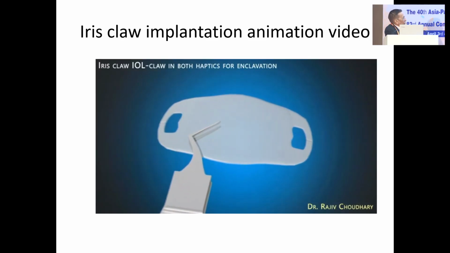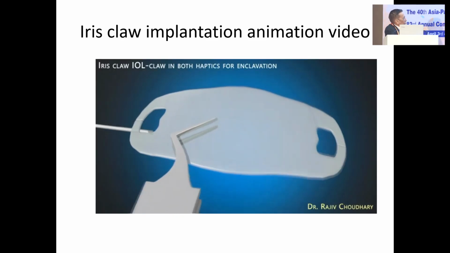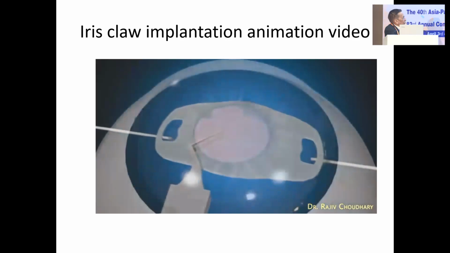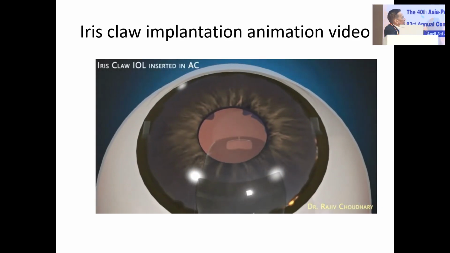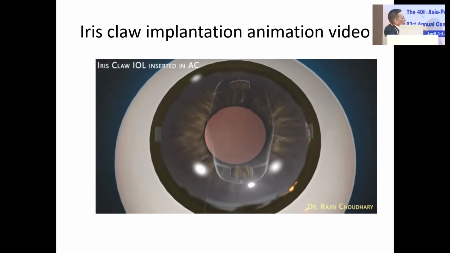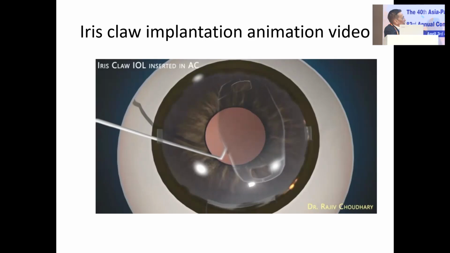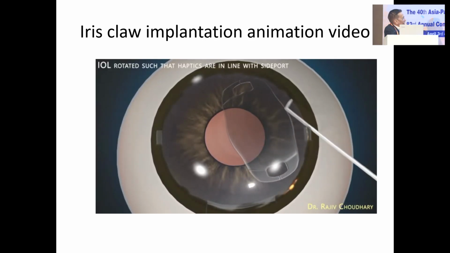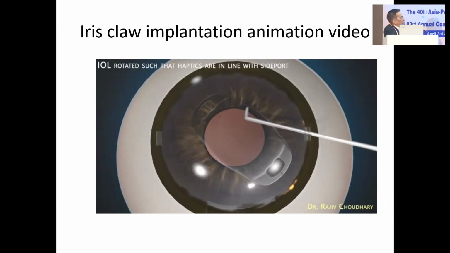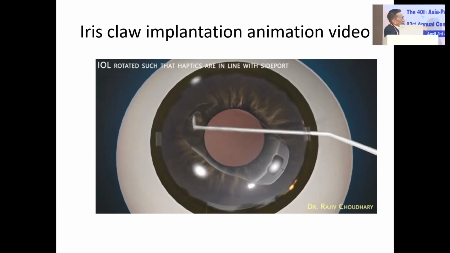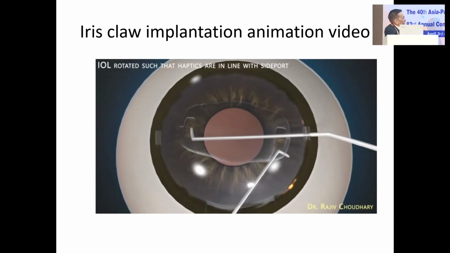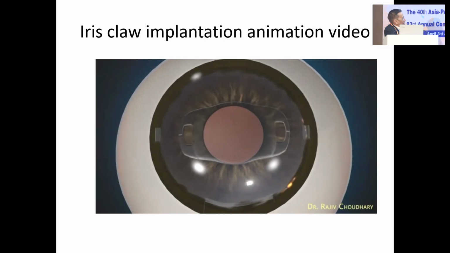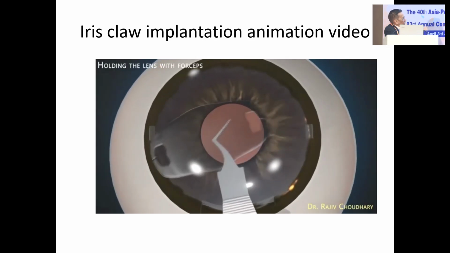Here is just to show how simple the iris claw is. You have the claw; check whether the claws are open. Put it in from the main wound and rotate it to 180 degrees. The lens is holding floppy.